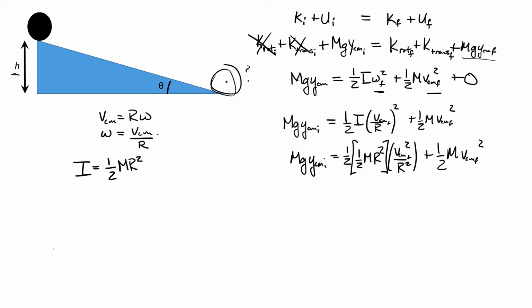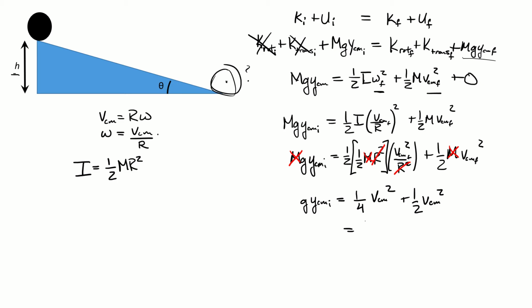And now we can see that we can solve this pretty straight away. We can just divide everything by mass, and all these masses cancel. This R squared cancels with this R squared. And what we end up left with is g y center of mass initial is equal to 1/4 times v center of mass squared plus 1/2 v center of mass squared.